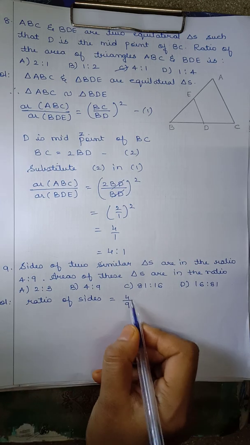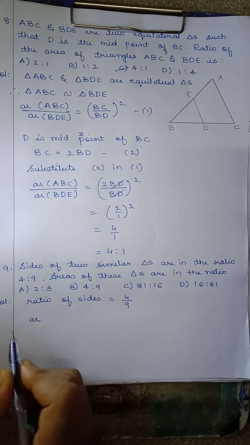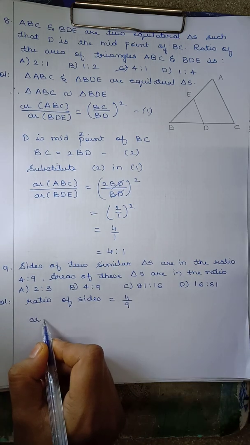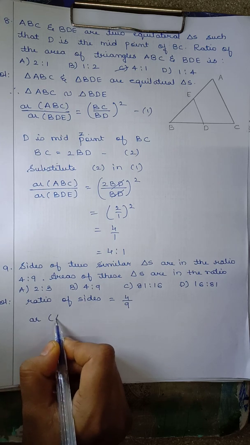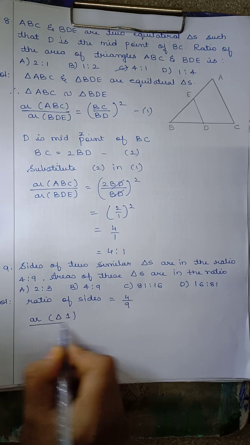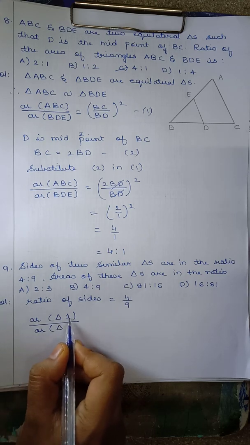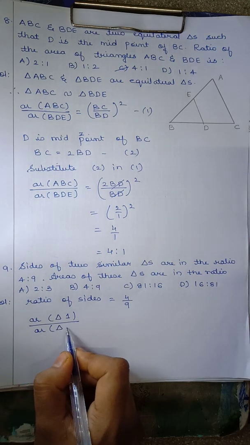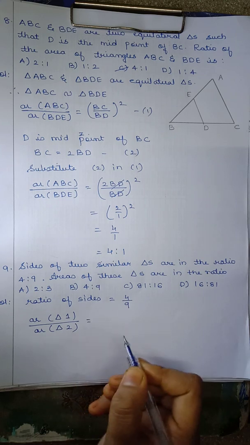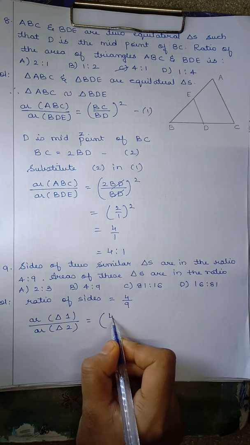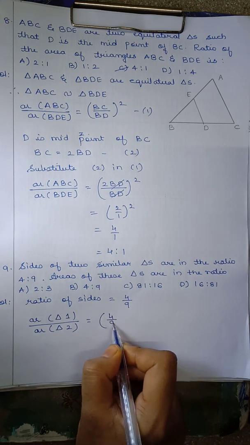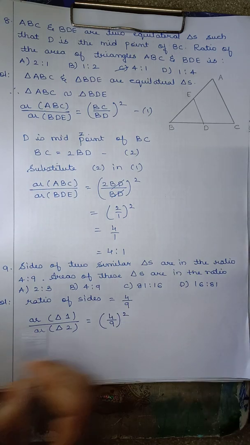Ratio of sides is given, and we know the triangles are similar. So the ratio of the area of triangle 1 upon the area of triangle 2 will be equal to the square of the ratio of their corresponding sides, that is 4 by 9 whole raised to square.